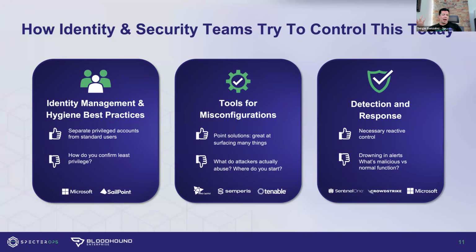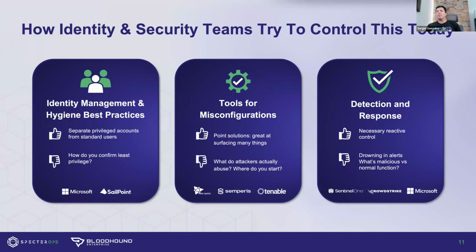But we also find that it's really hard to detect what's admin behavior, standard user behavior, or attacker behavior. So a lot of teams get really inundated in alerts. And again, there's no great prioritization on, hey, what's the worst thing that we have to work on? How do we prioritize that? Where should we go from here?